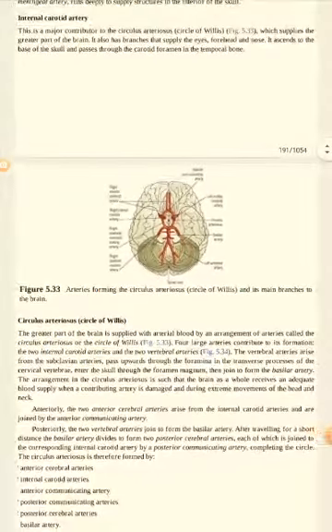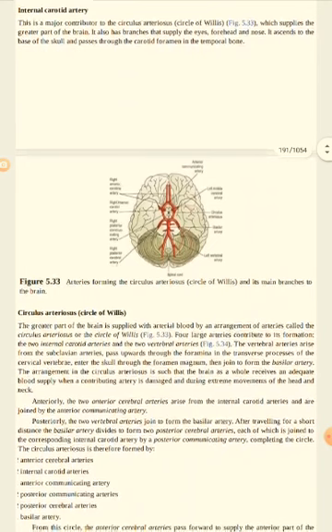Vertebral arteries actually arise from the subclavian arteries, and they pass through the foramina in the transverse processes of the cervical vertebrae, the vertebrae in the cervical region of the neck. So this artery passes through those foramina, and it arises from the subclavian artery.